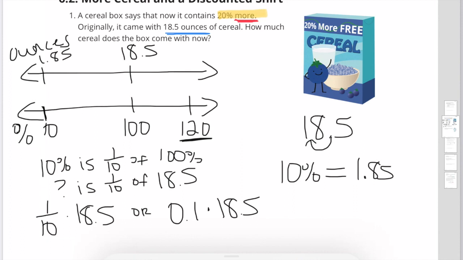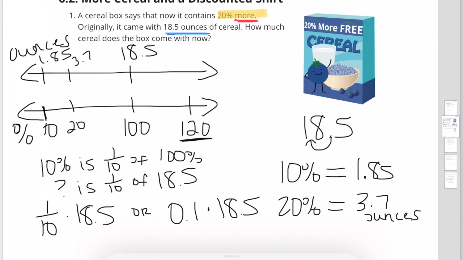Okay, so if 10% is 1.85, what is 20%? 3.7 ounces. There's 20%. So if 20% of 18.5 ounces is 3.7 ounces, then how much total cereal does the box come with now?